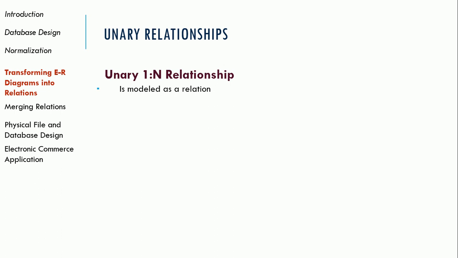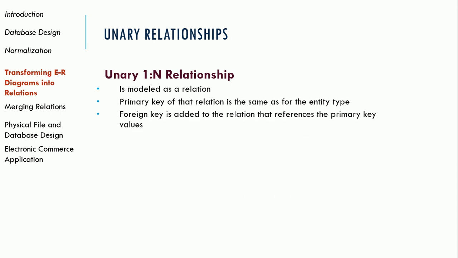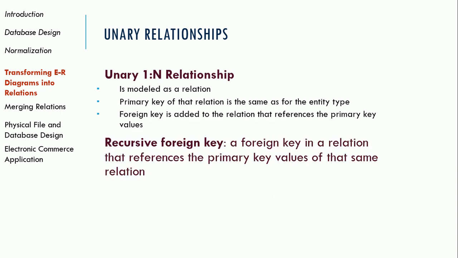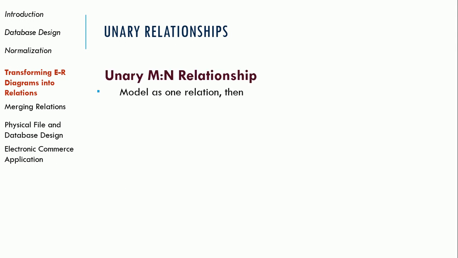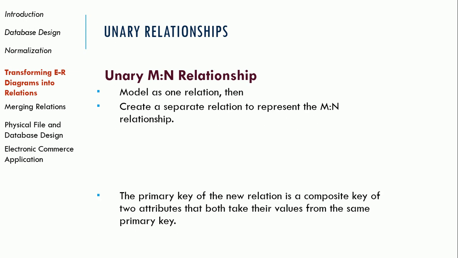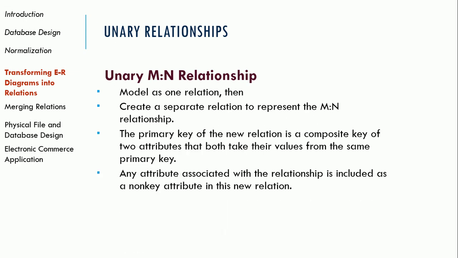For a unary relationship, really all you're going to do is add the primary key, and the foreign key is really a primary key back to its own table. So that's a recursive foreign key, which is perfectly valid, but it can only be done as a one-to-one relationship. But if you have a unary many-to-many relationship, then you have to create a separate relation to represent it. So you have to create a new table.